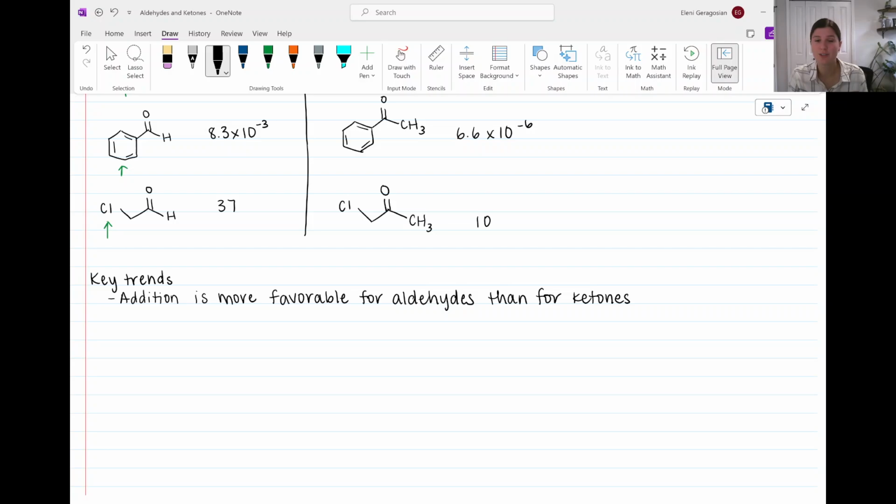That's because all ketones have some carbon group that the aldehyde does not, because aldehydes always have a hydrogen bonded to the carbonyl carbon. So that carbon group in the ketone is electron donating.